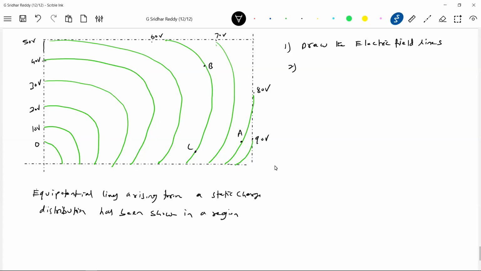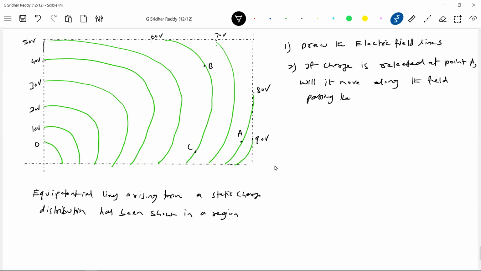Second, if a charge is released at point A, will it move along the field line passing through point A?